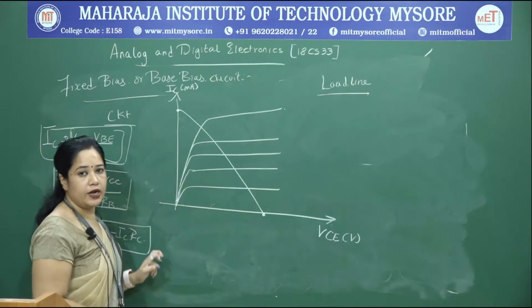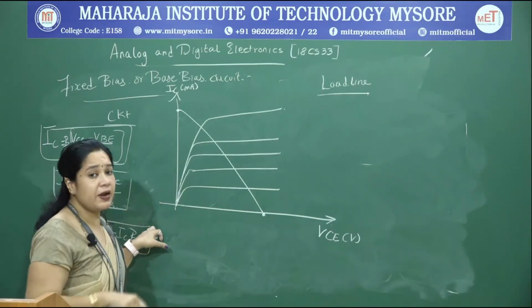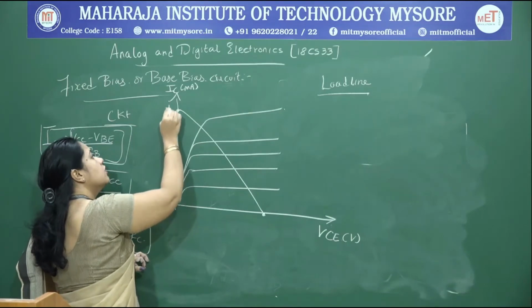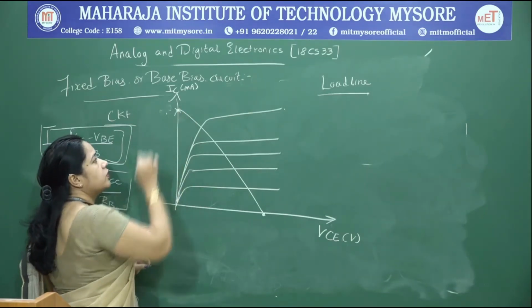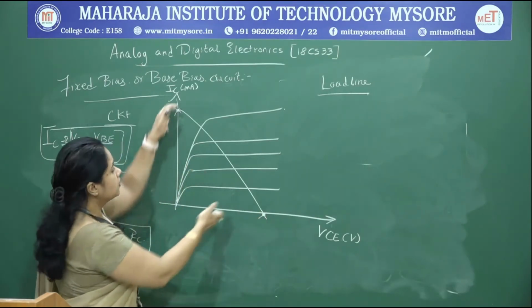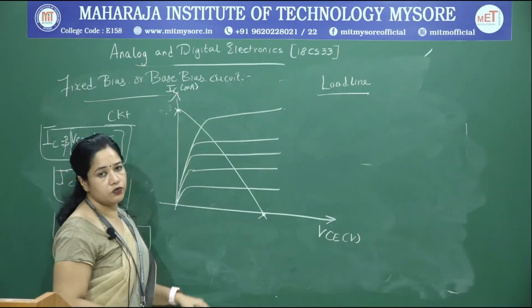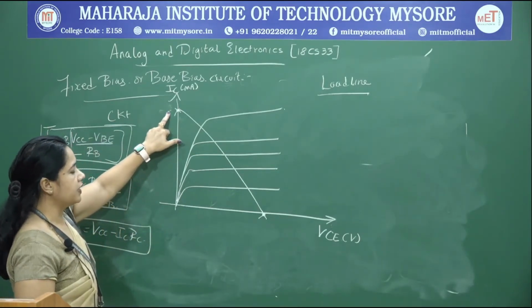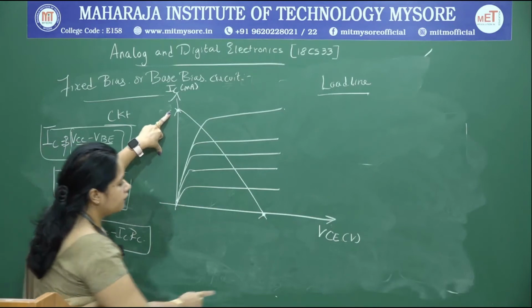To determine the load line, we should locate a point on the y axis and a point on the x axis, and join these two. That is going to give you the load line.